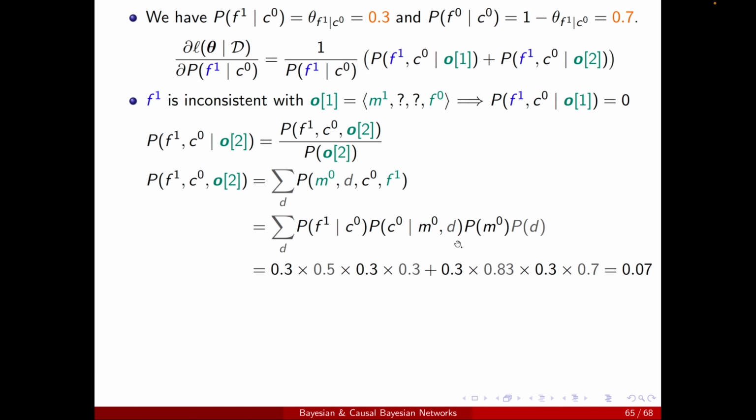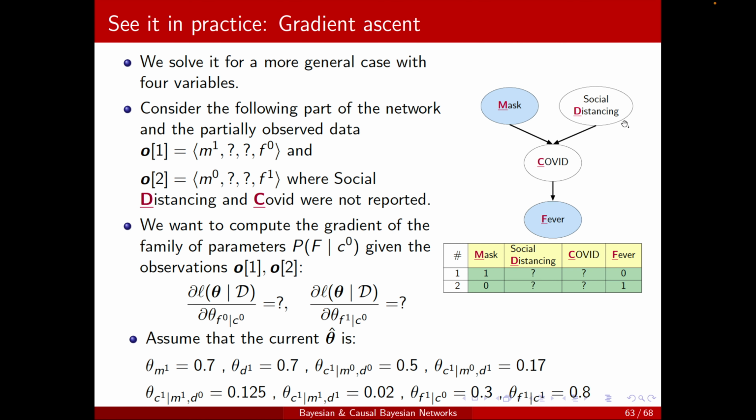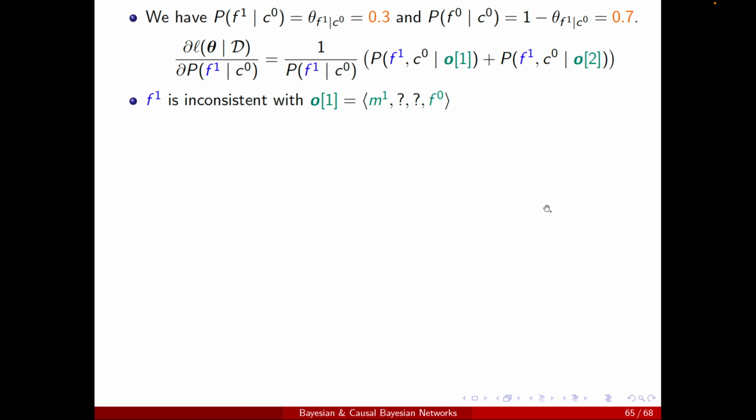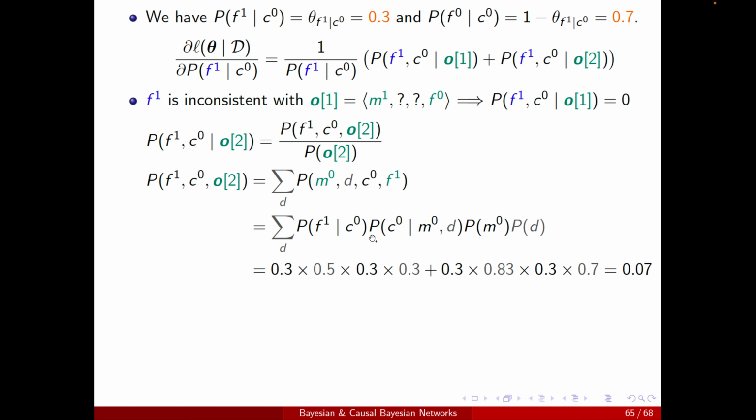And this is done according to the subgraph that we had here, probability of mask times probability of social distancing times probability of C conditioned on M and D times the probability of F conditioned on C. Okay, so if we do that, then we can calculate each of these terms.